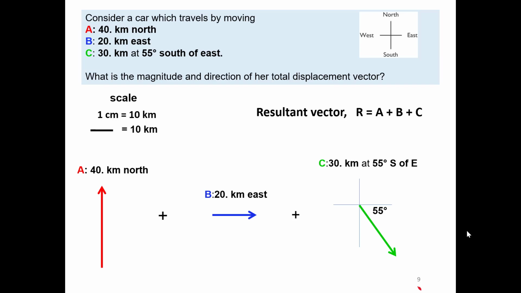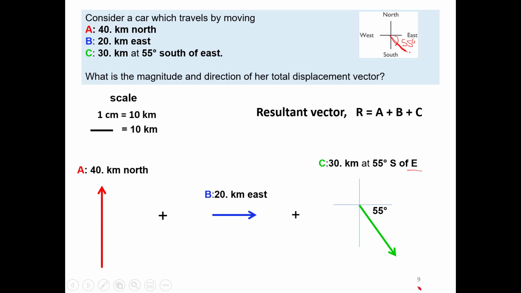And we know this vector is somewhere here because it's south of east. And we know we need to measure 55 degrees starting from east, because this is the last cardinal point. Then it's 55 here. Yes, this is the vector we want to measure.